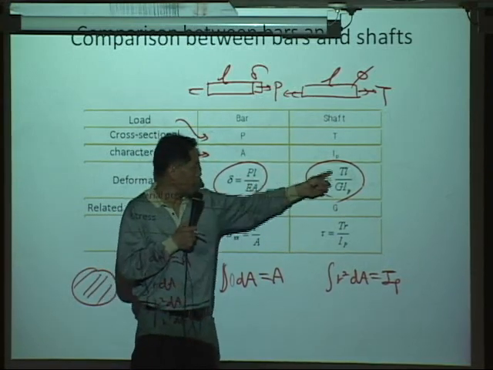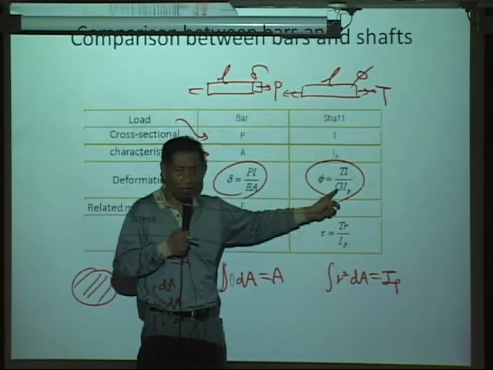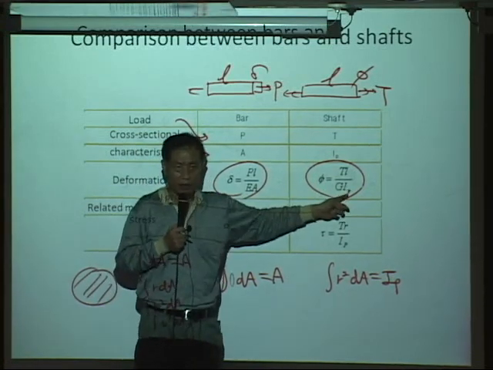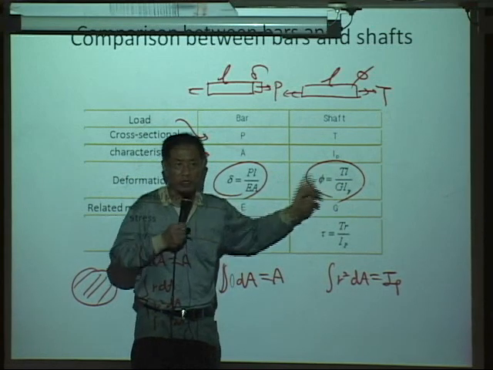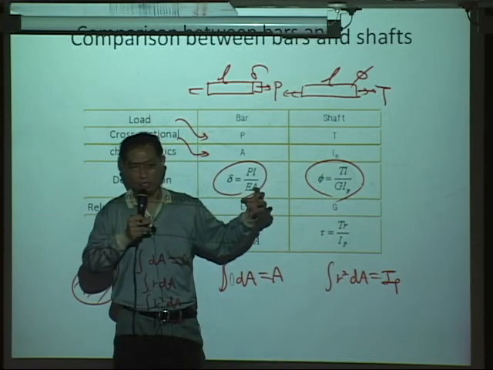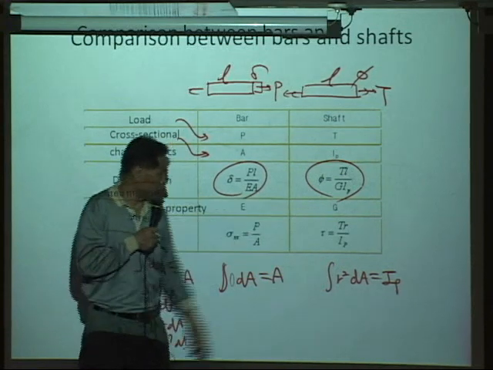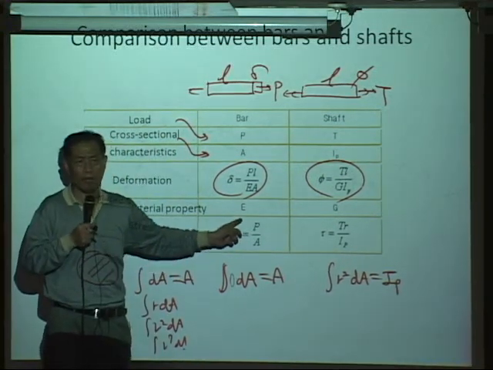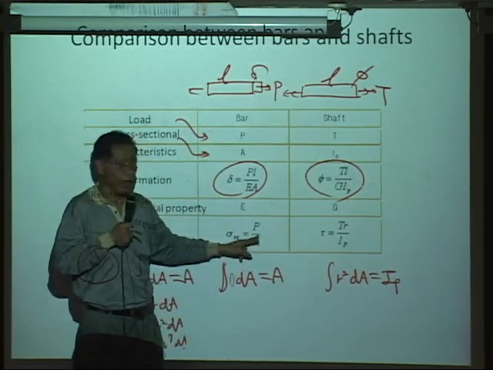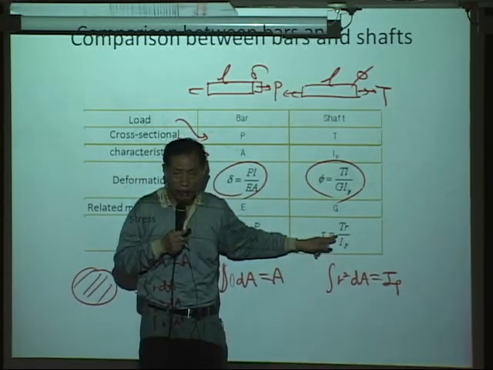Here is P and T and L, and this is E, Young's modulus, whereas here we have the shear modulus G, and instead of A, we have the polar moment of inertia. Why do we have a G? Because it's all shear related deformation, whereas this is all extension. So the material property is E here and G there, and the stress is simply P over A, the force you apply over the area A, and here the torque T you apply over the area property IP.